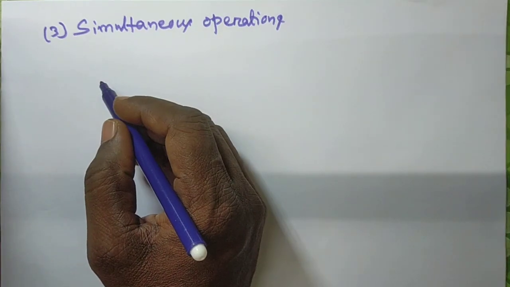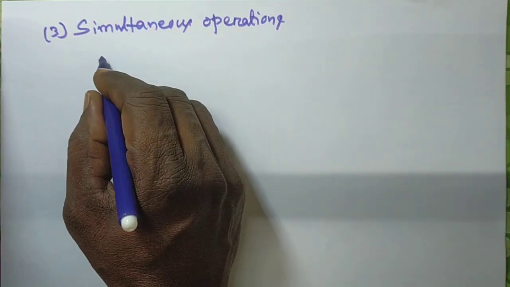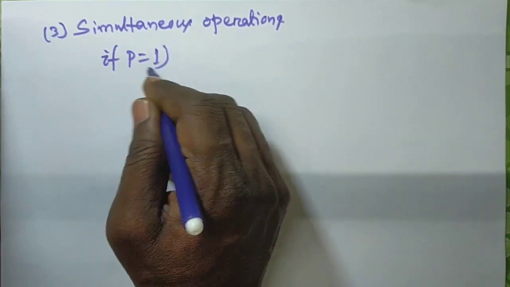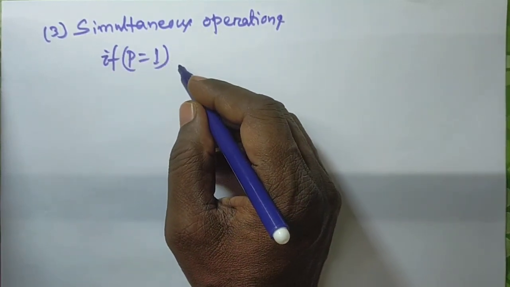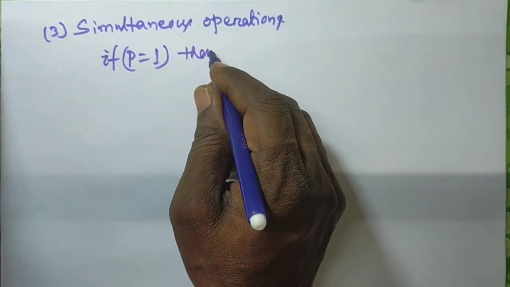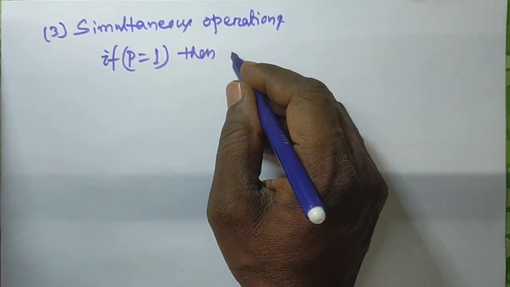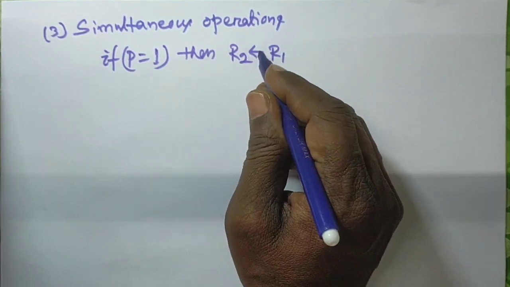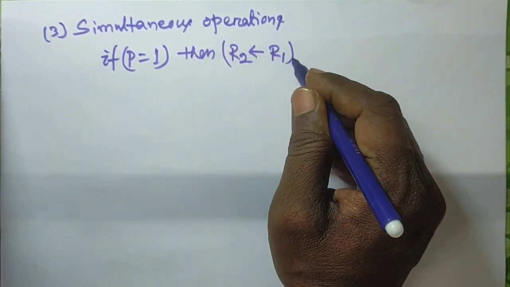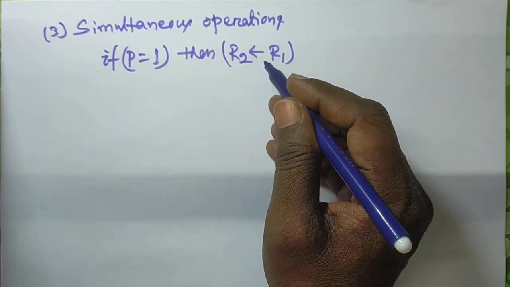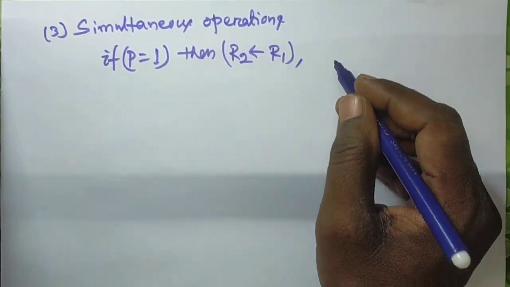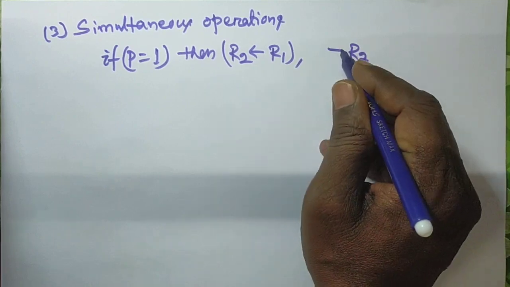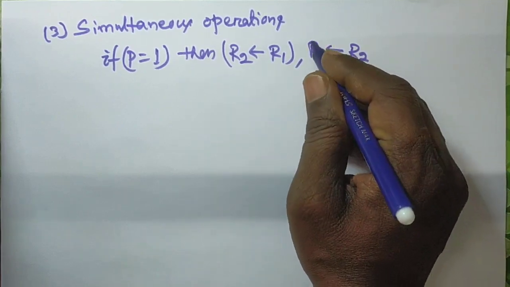We can define it in this way: if P is equal to 1, then the content of R1 is transferred to R2. At the same time, we can also write that the content of R2 is transferred to R1.